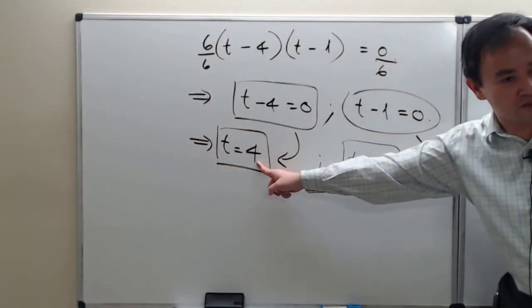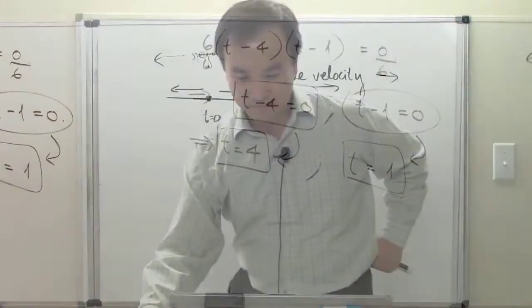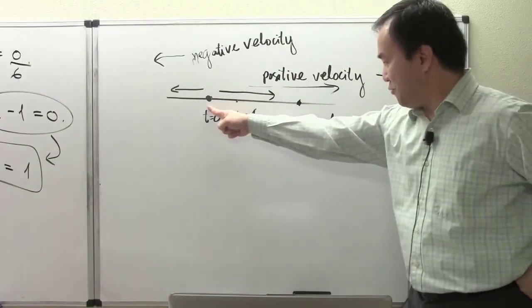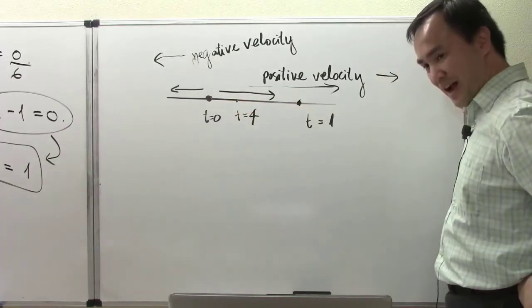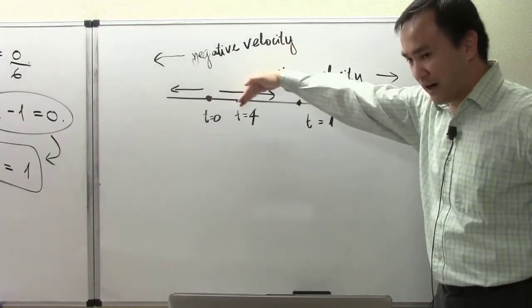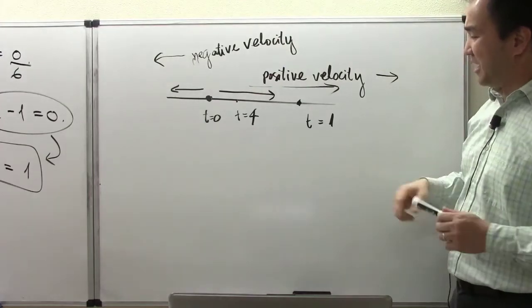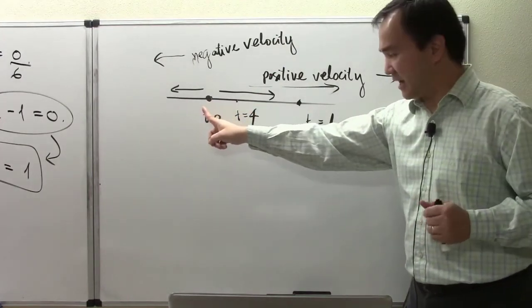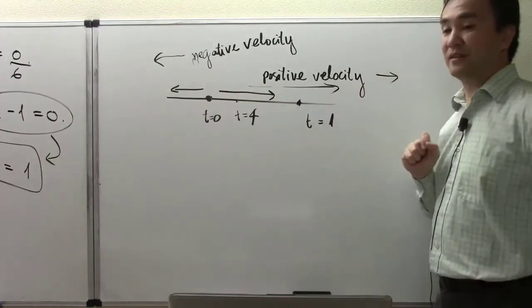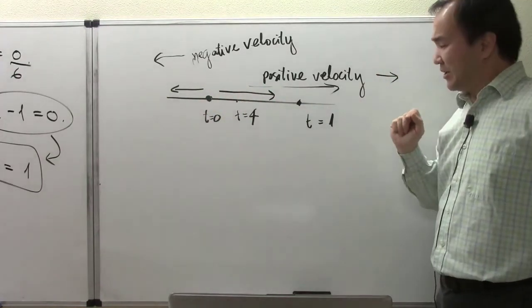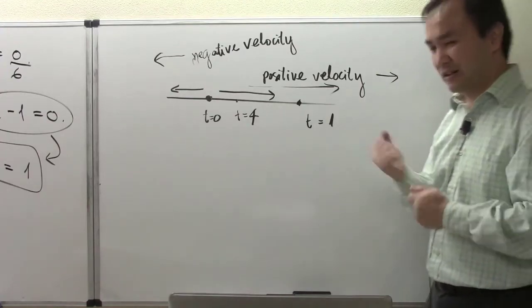So 0, 1, 2, 3, 4, right? And then it's back out. At time equals 4, it heads back out. So there has been some going out, heading back, and heading back out again.